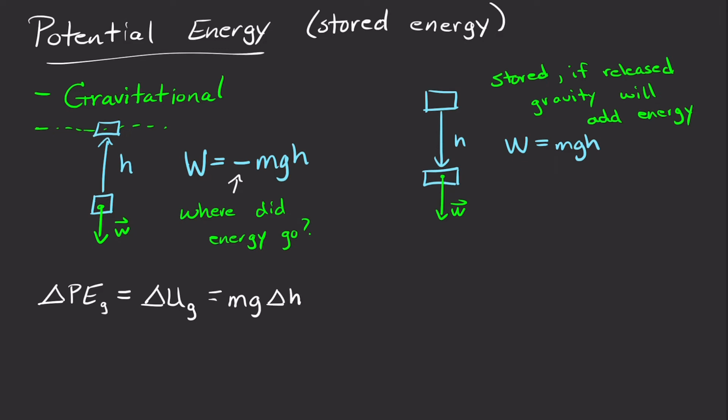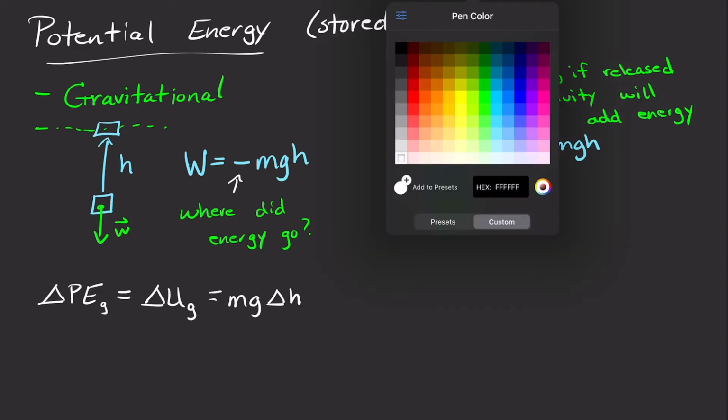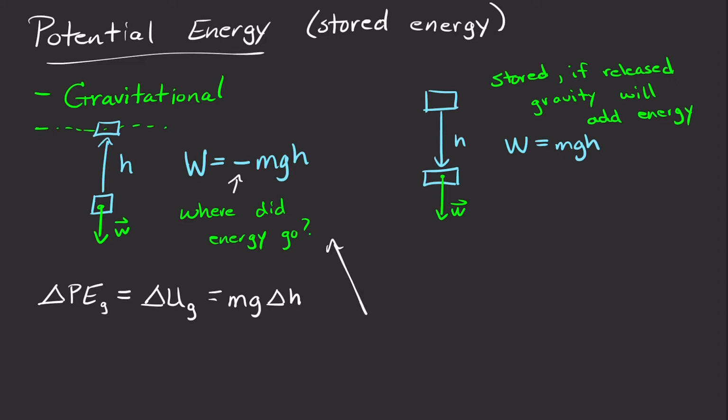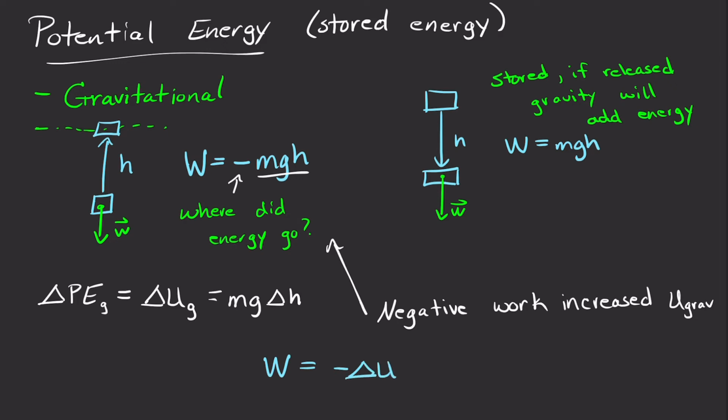And when we did negative work against gravity, we increased the potential energy. So if mgh is the potential energy, then when we did negative work against it, raising it up, that's what increased the potential energy that gravity then had to pull it back down. So the work done on an object is equal to minus the change in potential energy.